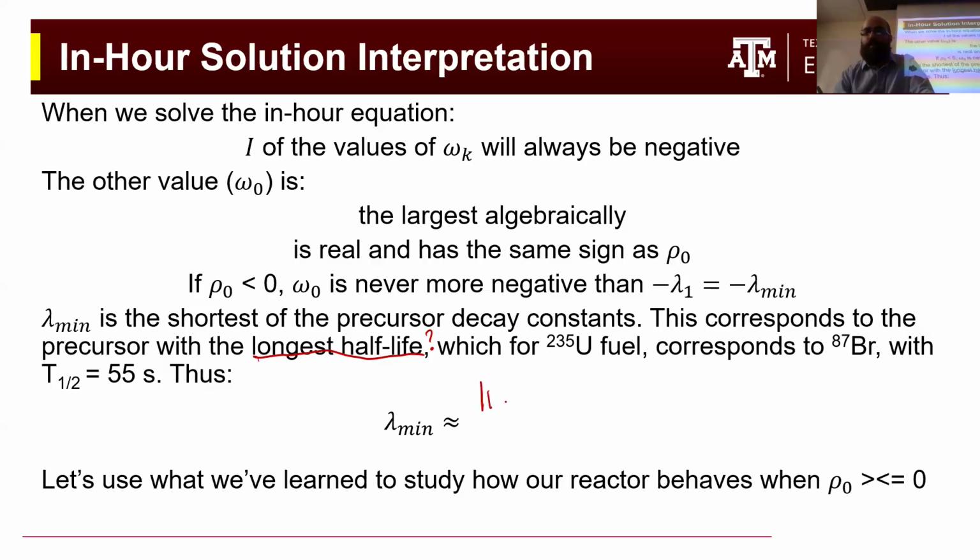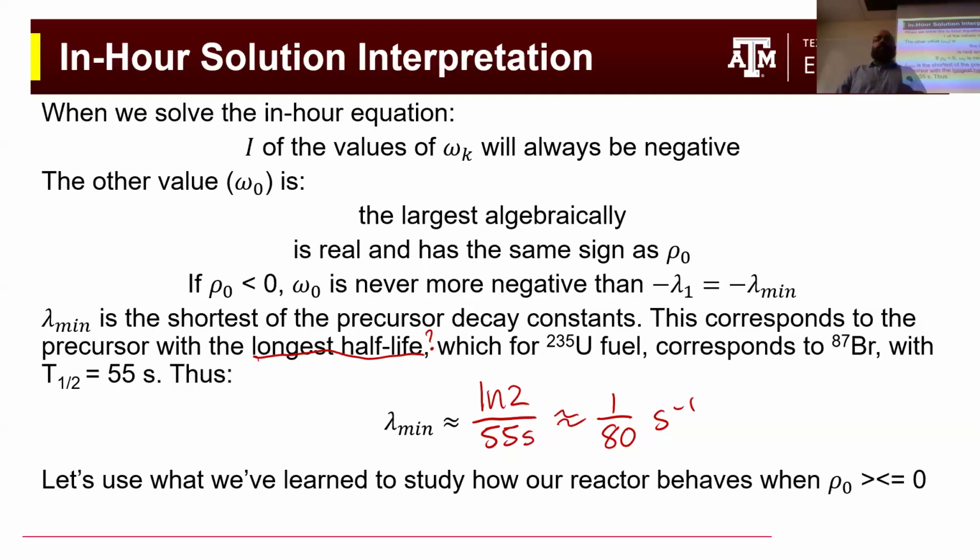So lambda min is going to be ln of 2 over that t1/2, which was 55 seconds. If you do that calculation, you get approximately 1 over 80 seconds to the minus 1.